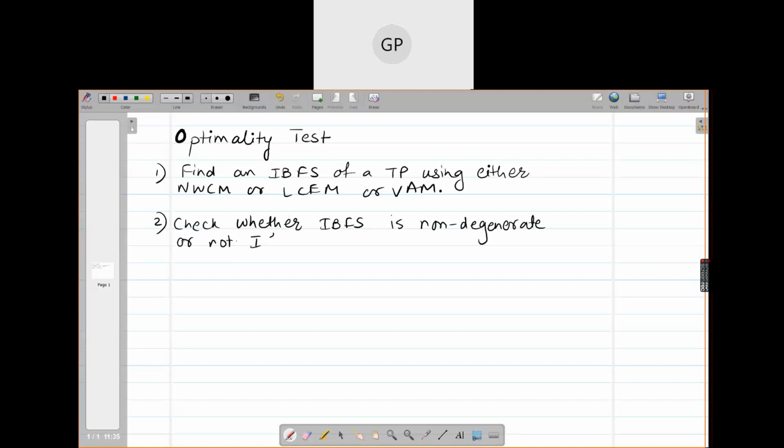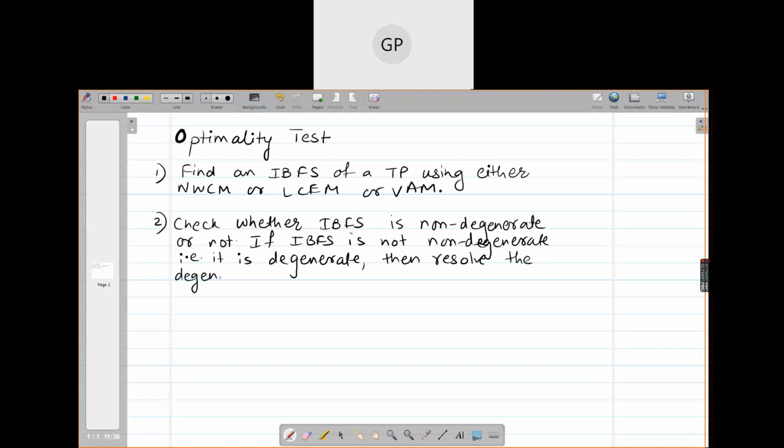If IBFS is not non-degenerate, that is, it is degenerate, then resolve the degeneracy and go to step 3.